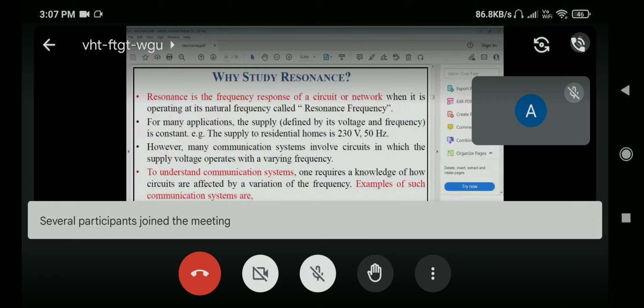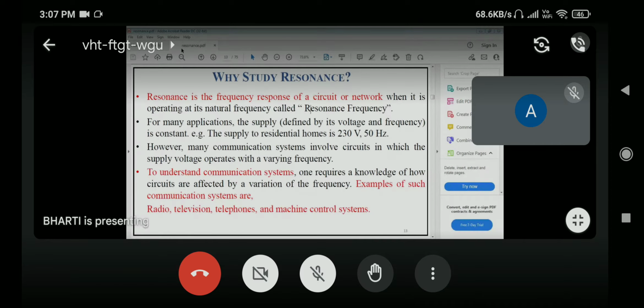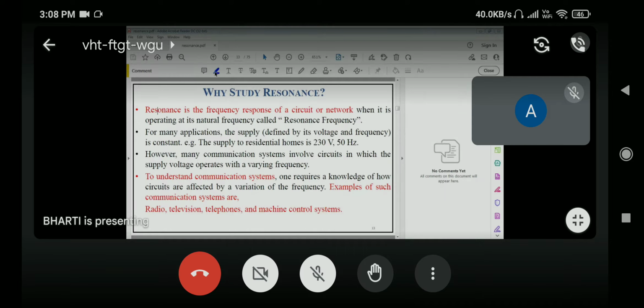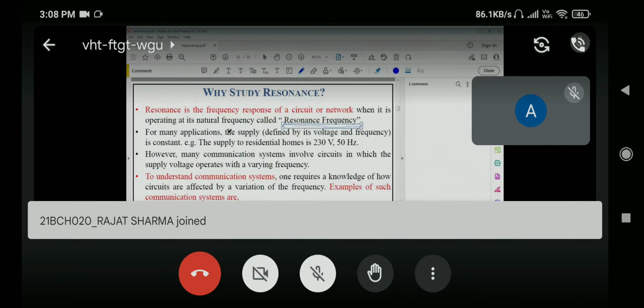Resonant frequency for such cases can be named as the resonant frequency of a particular material.